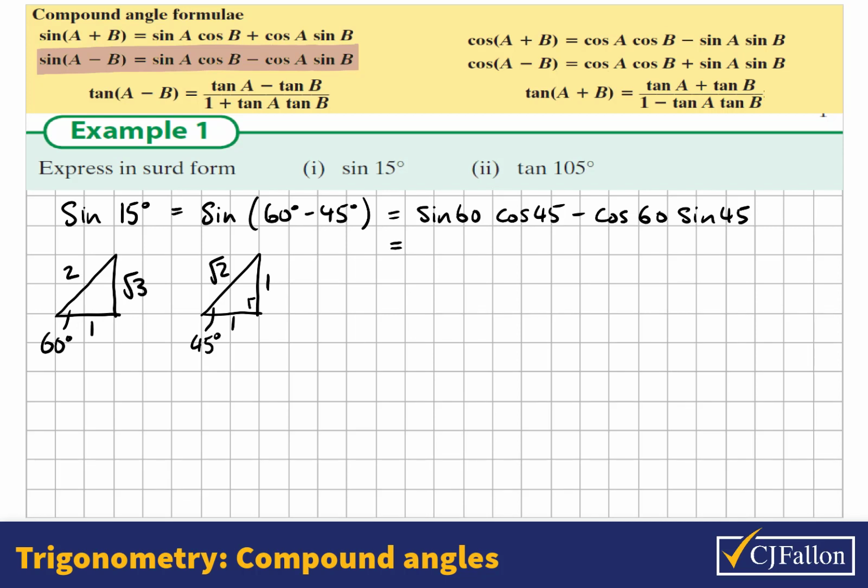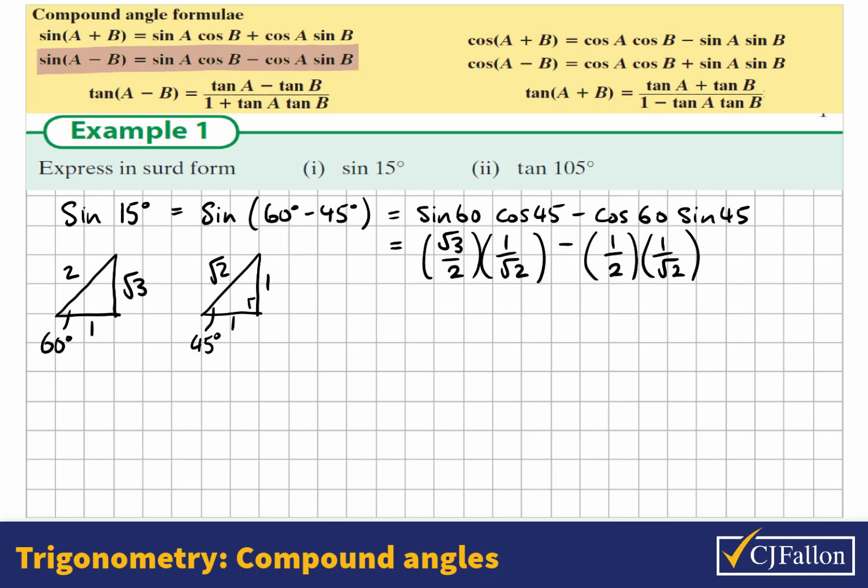We can see from this that sine of 60, opposite over hypotenuse, is root 3 over 2. Cos 45 is 1 over root 2. Take away cos 60, which is half, and sine 45, which is also 1 over root 2.